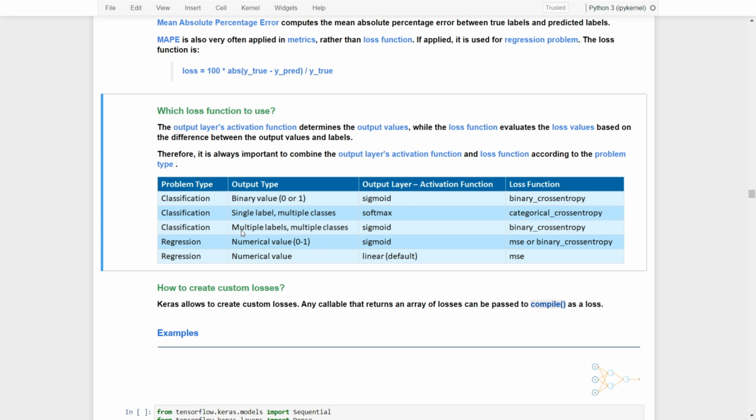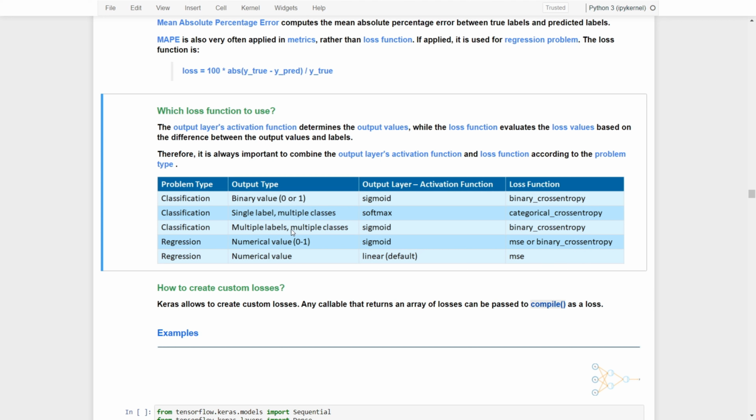And for the other case, that is multiple labels, multiple classes. Because the activation function that we are using is a sigmoid function, in that case, the loss function has to be the binary cross entropy. And we cannot use the categorical cross entropy here. For regression problems, the output values normally could be between 0 and 1 or beyond that.